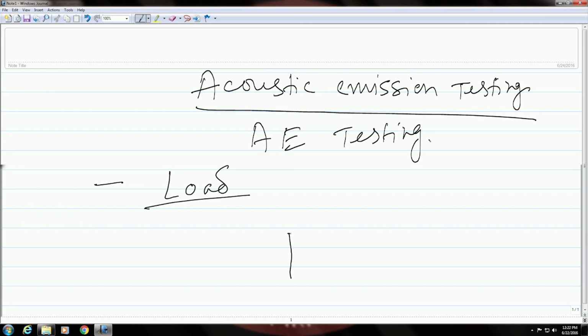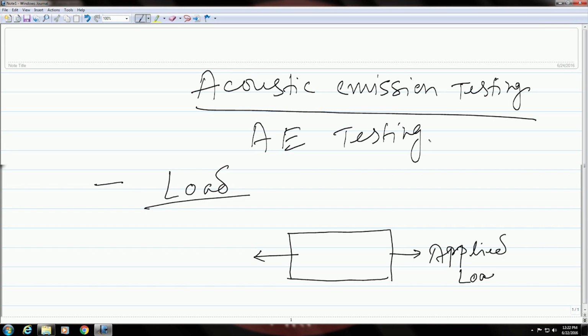So, let us say you have a component and you load it in a particular fashion. Then in some part of the sample, these stress waves will be generated.